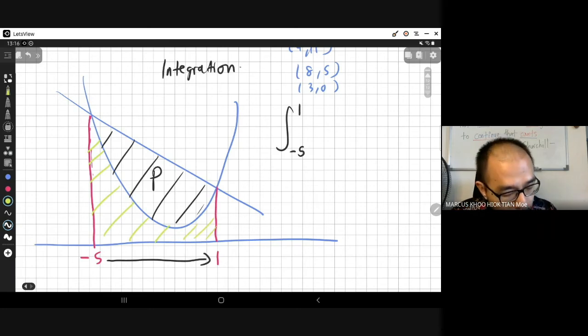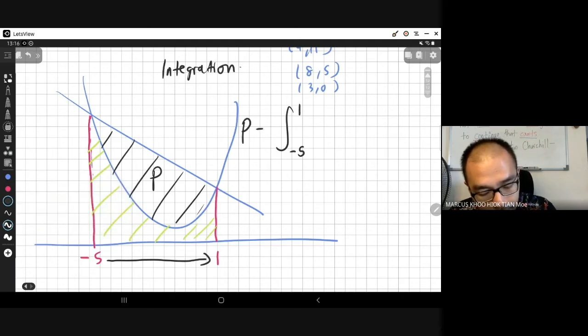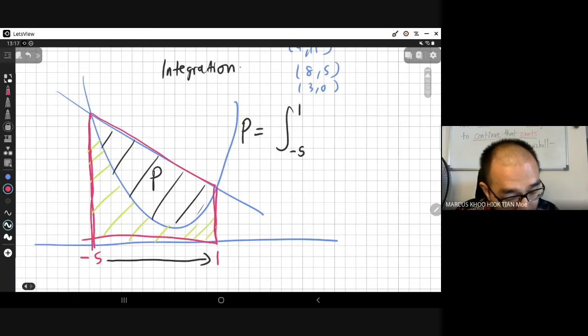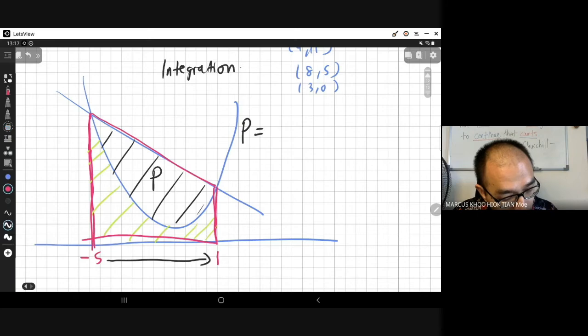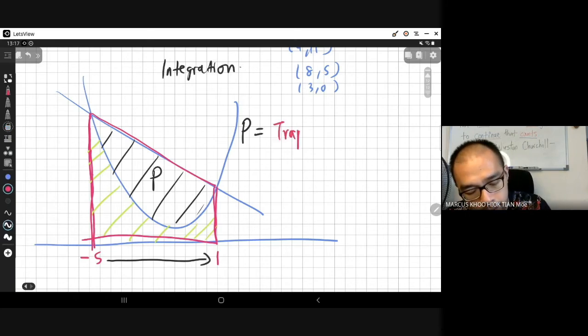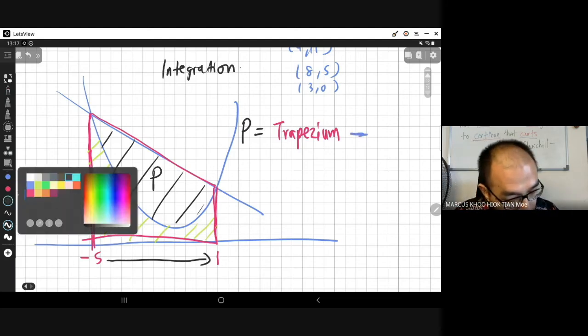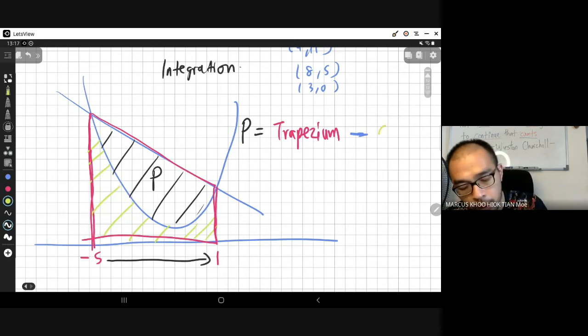So if we want to find the area of P, the area of P will be what? The pink color area. The pink color area is also known as the area of the trapezium. Okay, so the area of P will be the trapezium minus the green color area, the area under the graph.